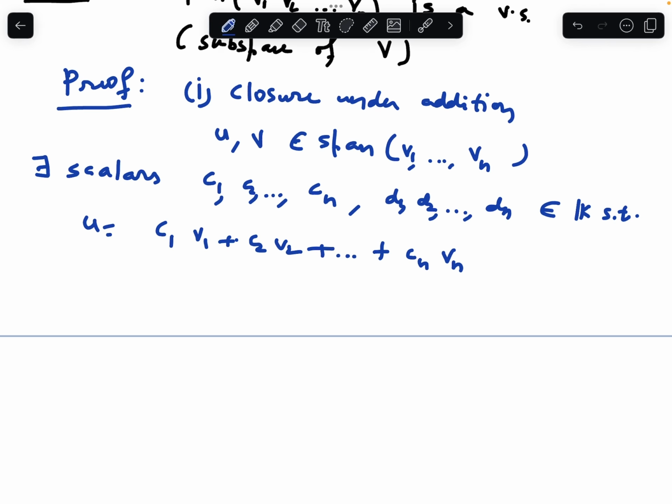Because what is span? Span is the set of all linear combinations. So U is a linear combination of these. Similarly, V is a linear combination of these V1, V2, V3, Vn. So V equal to D1 V1 plus D2 V2 plus Dn Vn.